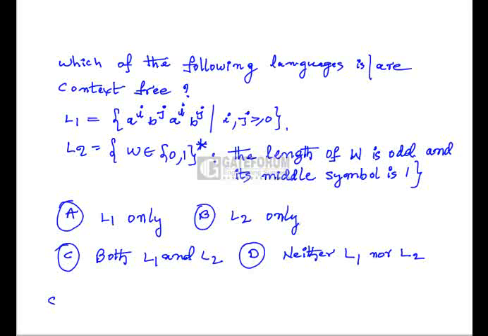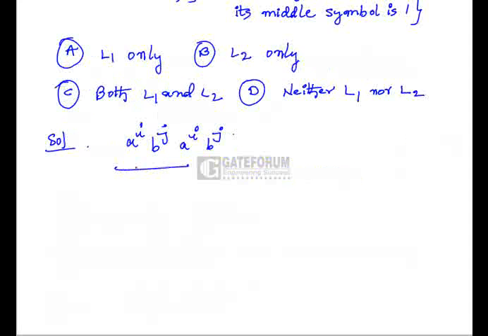So here in L1, if you take i number of a's followed by j number of b's, again i number of a's followed by j number of b's. Normally when you try to construct a pushdown automata for this, we can push a's into the stack and we can bypass b's because i and j need not be the same.